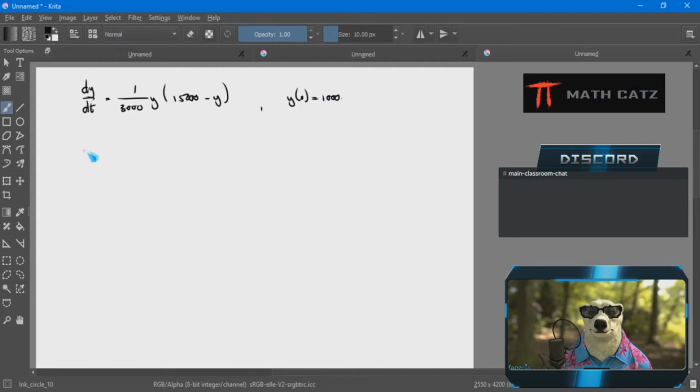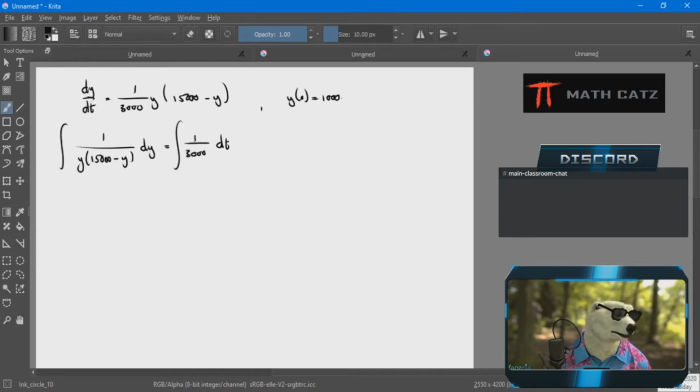So what did we do? Well, we move all the y-related terms to the other side, separating the variables, and I'll just leave the constant with the dt side, and then we integrate both sides.